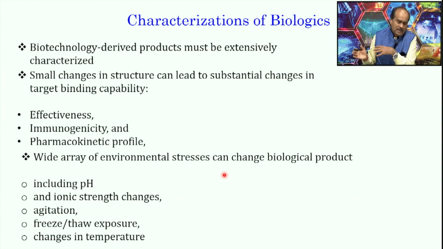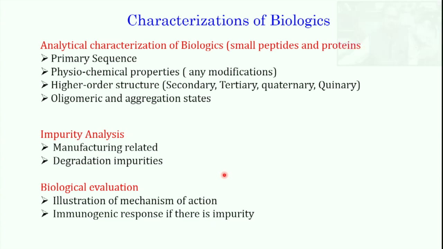You are manufacturing at one temperature, transporting at another, storing at a third, then say electricity goes. All these can lead to some kind of change in the biologic drug. It can induce stress and can change the structure and therefore effectiveness. It can change the aggregation profile, therefore immunogenicity. Therefore, it is extremely important to characterize this biologic drug very well.